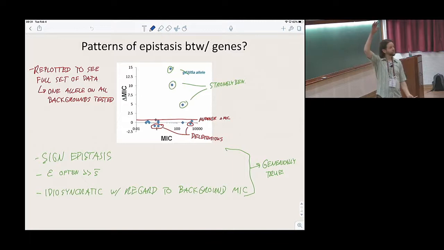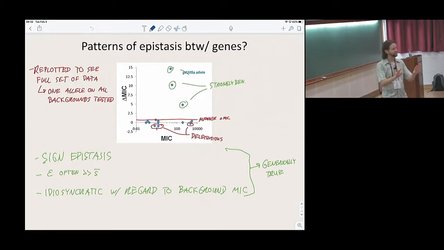The magnitude of those effects is often massive compared to, say, its average effect. And with something like how fit was that allele in the first place, the impact of another allele being tested on those backgrounds is relatively idiosyncratic. There's no particular kind of scaling with the background.